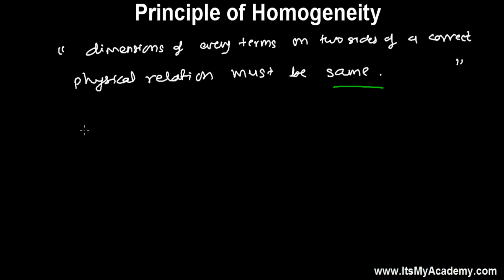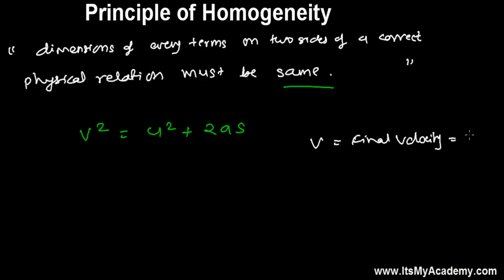So let me take a very simple example of a physical relation. Let's say the equation of motion: v squared equals u squared plus 2as. We know very well what this represents. v represents final velocity, so it has the dimensional formula LT^-1. And u represents the initial velocity, so the dimensional formula is the same because it's velocity.